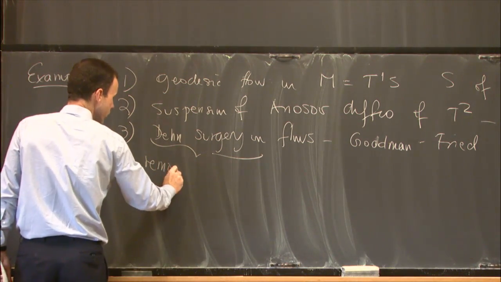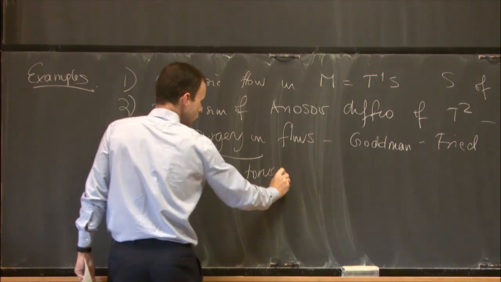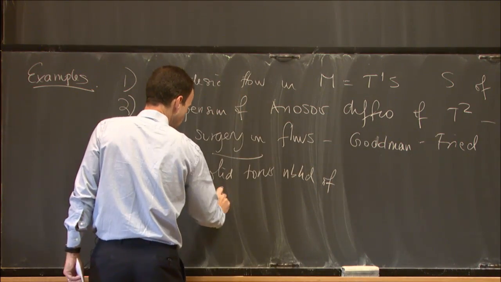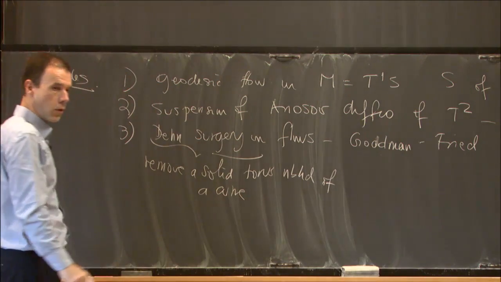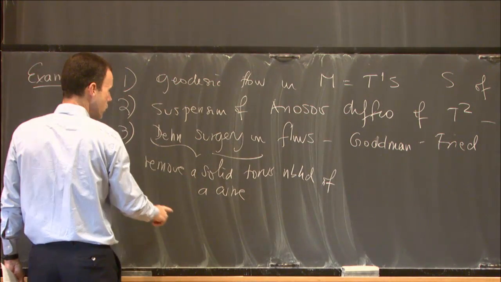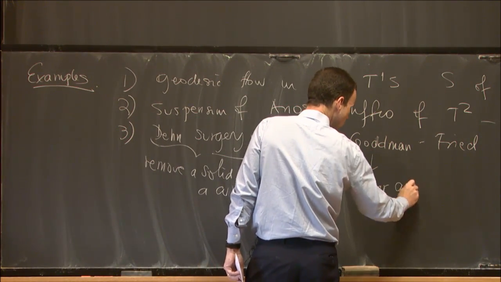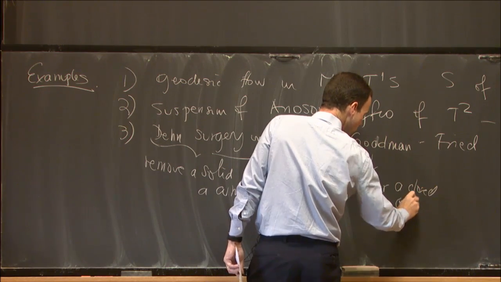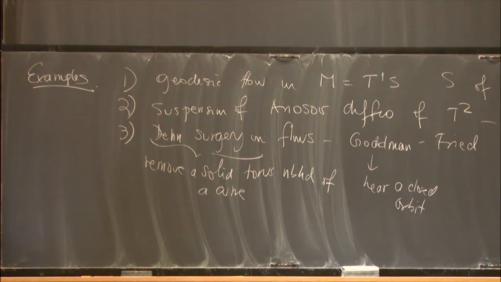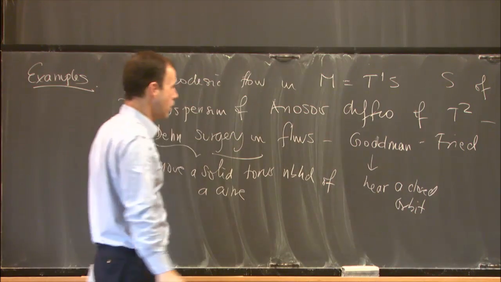So remove a solid torus neighborhood of a curve and glue back by a homeomorphism of the torus. Now for flows, I did that for a curve near a closed orbit, meaning actually isotopic to the closed orbit, and you get this curve to be transverse to the stable and unstable foliation, then you can do that.